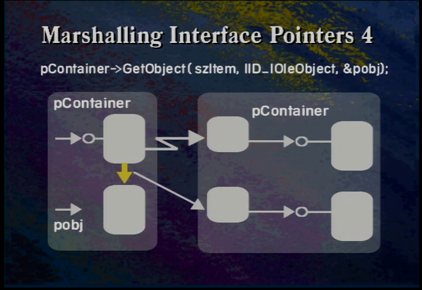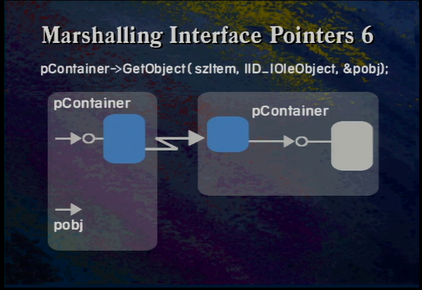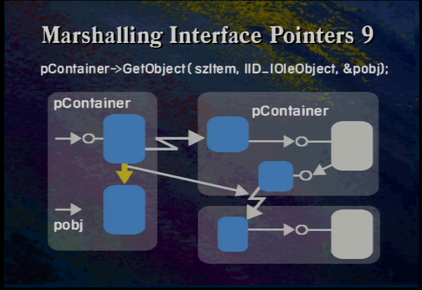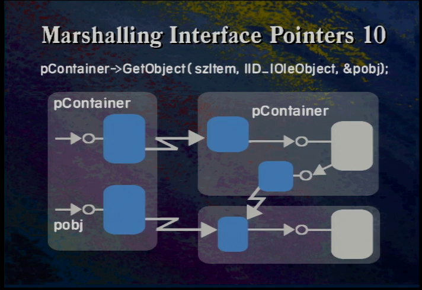The receiving side then instantiates the correct kind of proxy object and establishes a connection back to where the object really is. There are variations of this that deal with three-party interactions, where if one object has a reference to a second object in another environment and passes a reference to a third object, that third object will end up with a direct connection to the one providing the service.